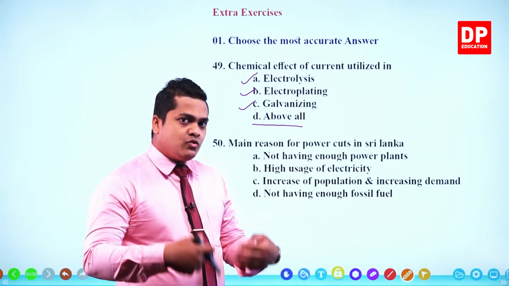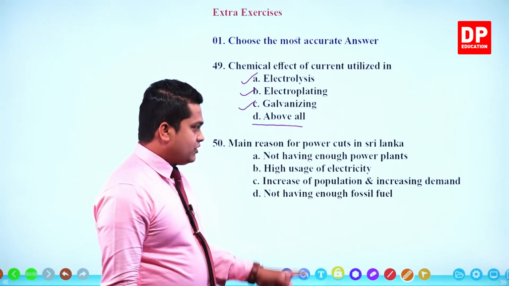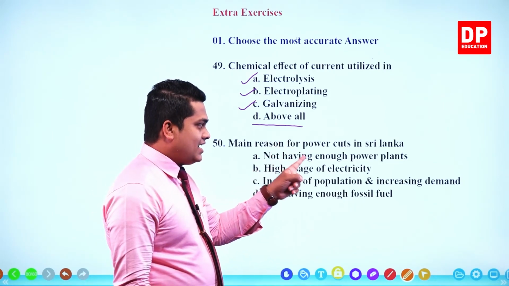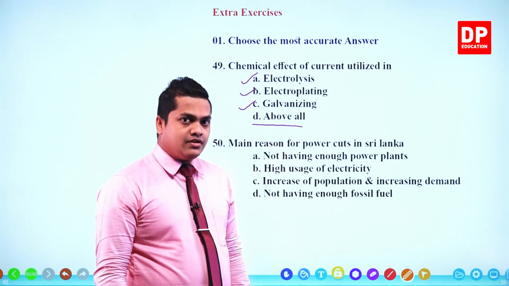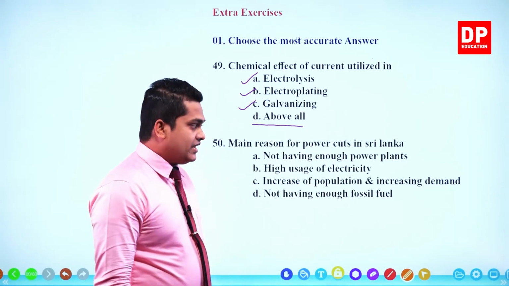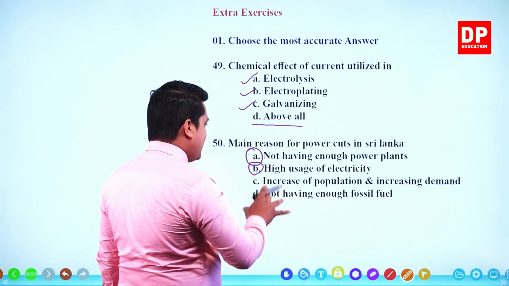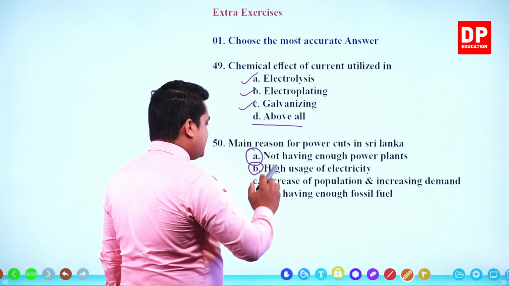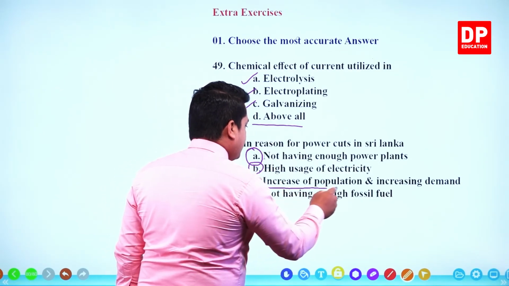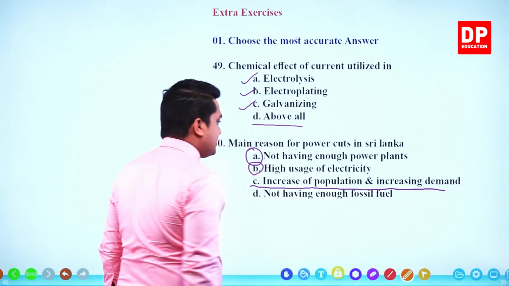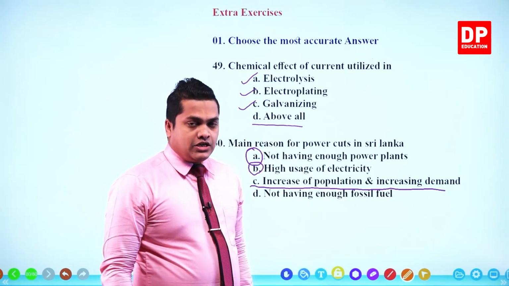Why is there high usage of electricity? Because of higher population and increase in demand. So my dear children, all of these crises are getting created because of the increase in demand and the population.